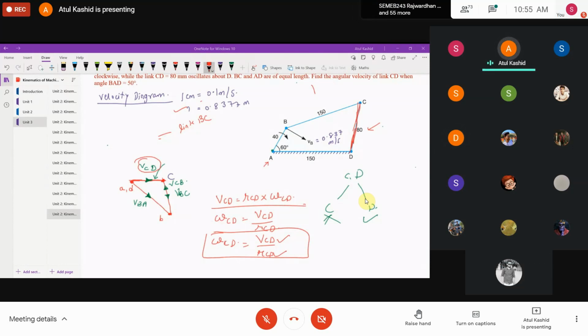Okay, Yogesh Yadav is getting VCD as 0.55. What about others? Please confirm with your answers. Advait is getting 0.55. Okay, you have found VCD, but what about omega CD? Because in the question they have asked us omega CD, angular velocity of CD. That you have to calculate.